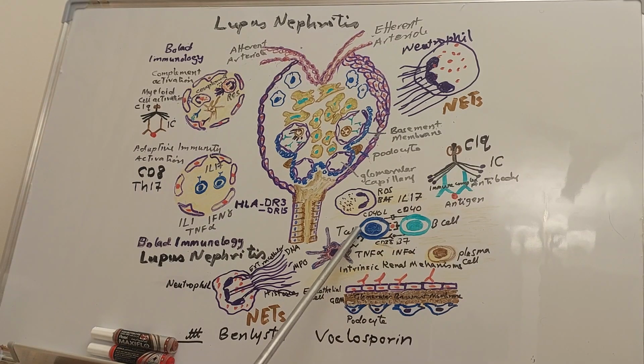So here we have T cell, T helper cell, CD8 cell, T helper 17, and these have chemotactic activity.